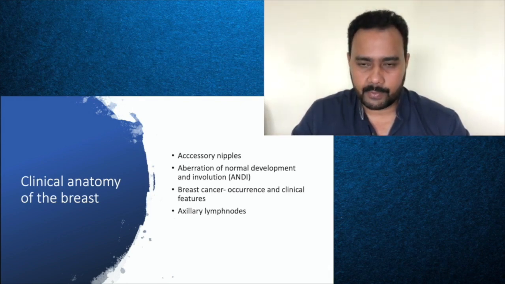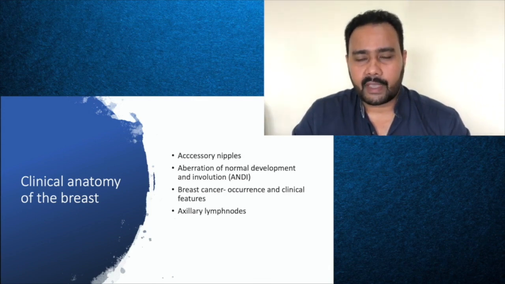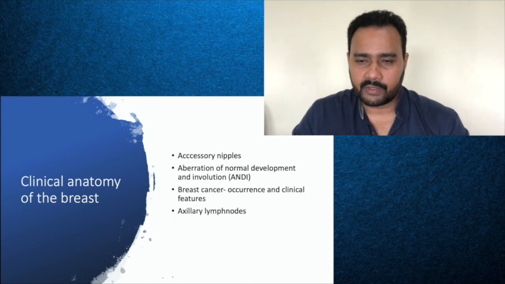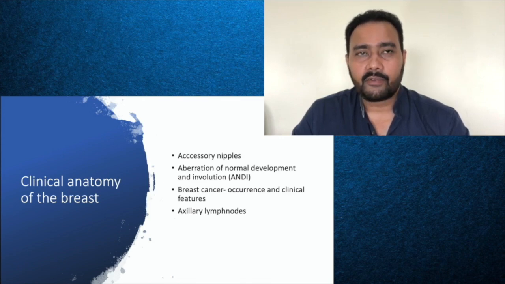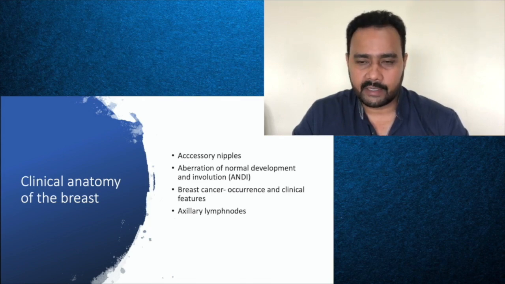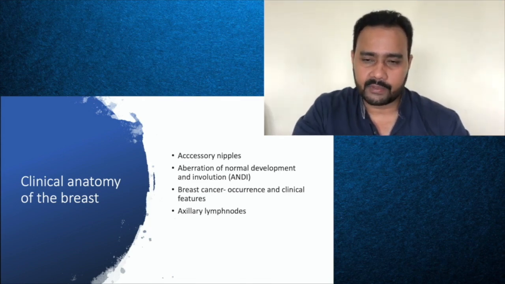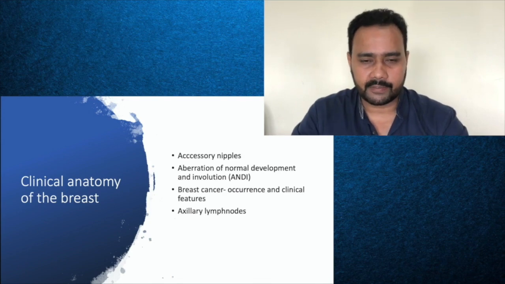Then breast cancer, the occurrence of breast cancer and its features, and how it correlates with the anatomy of the breast and the changes related to it. That is the third important thing we have to discuss. And then we have to know certain important anatomical points about axillary lymph nodes. Those are the important things in the breast we will discuss.